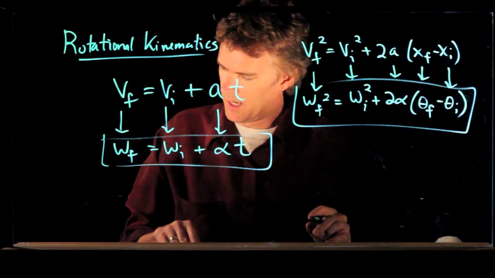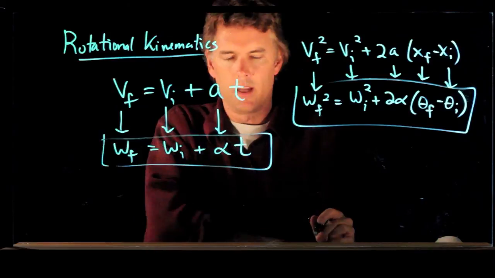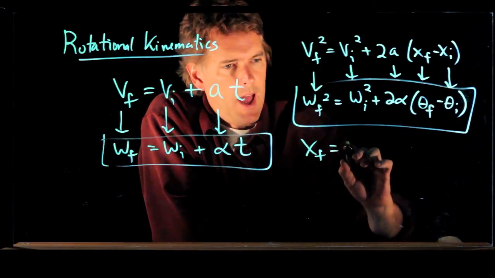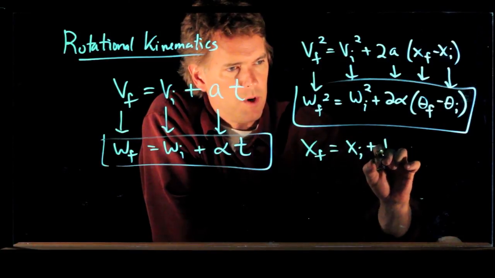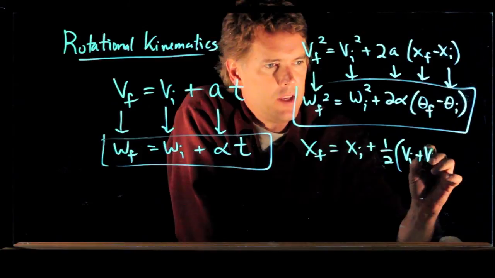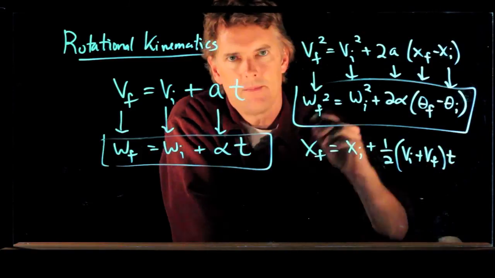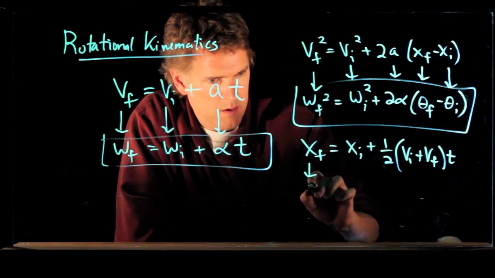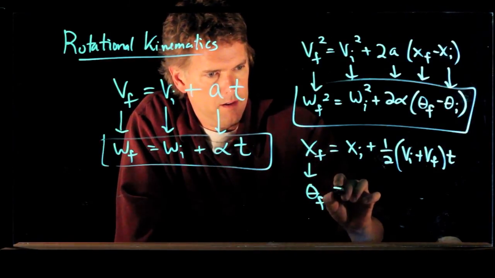And then finally, our last equation is this one, xf equals xi plus 1/2 (vi plus vf) times t. And that equation, you can guess what it is now.